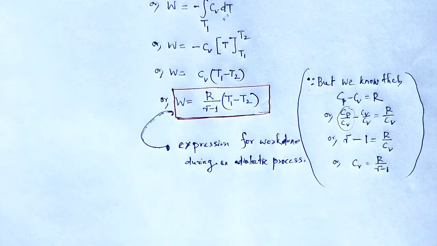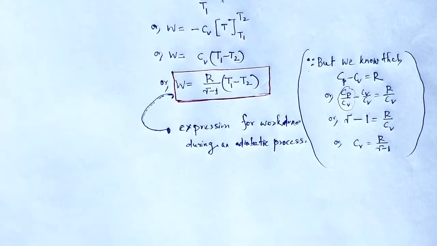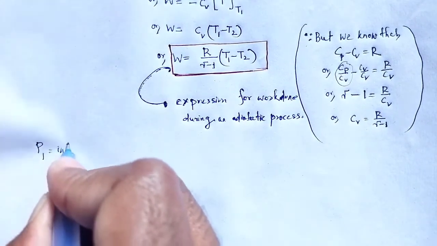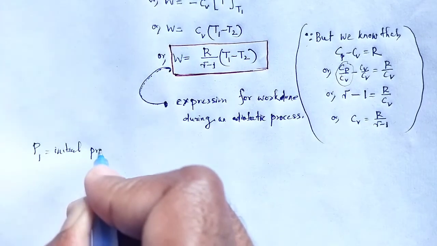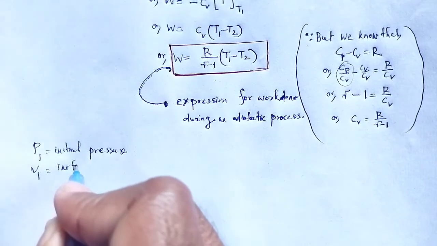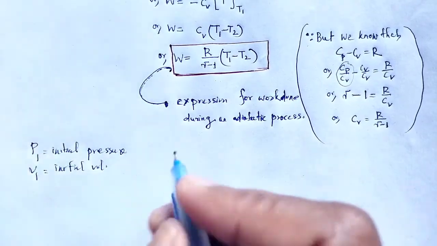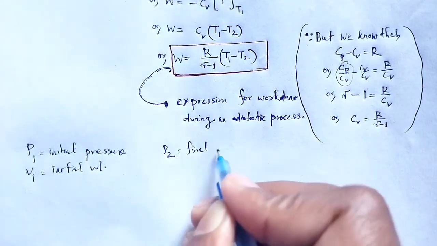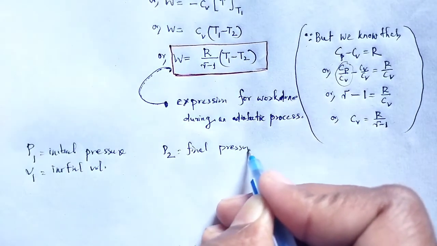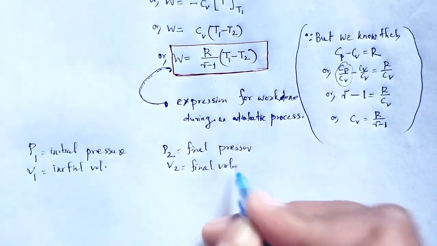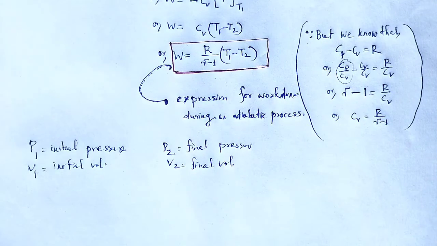Now, if we consider P1 and V1 as the initial pressure and volume of the gas, let P1 be the initial pressure, V1 the initial volume, P2 the final pressure, and V2 the final volume of the gas.